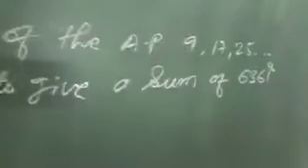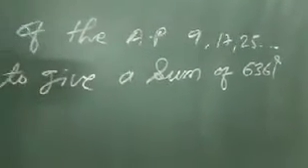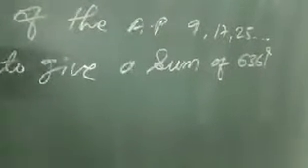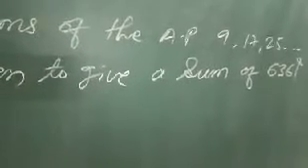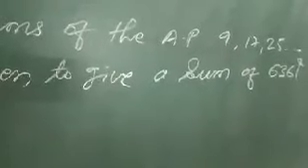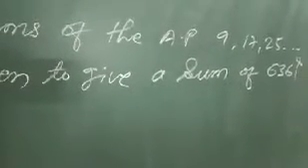Okay, so here it is: how many terms of the AP 9, 17, 25, and so on must be taken to give a sum of 636? Here the AP is given and the sum of the terms is given.